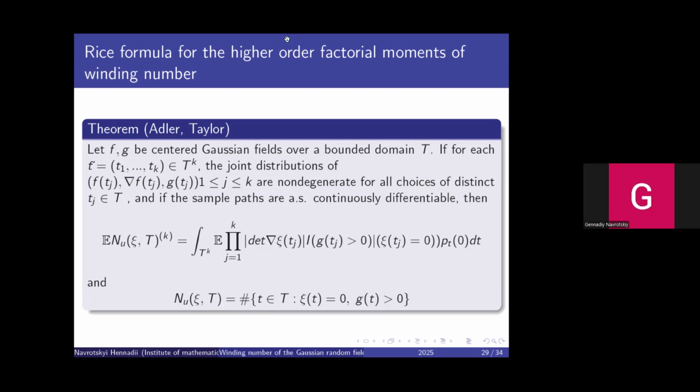And then further, let us consider the standard theorem, Rice's formula for higher order moments of N_u. But we can't use just this Rice formula, since in the general case, J of t is beyond some set B, and psi of J is equal to some u.